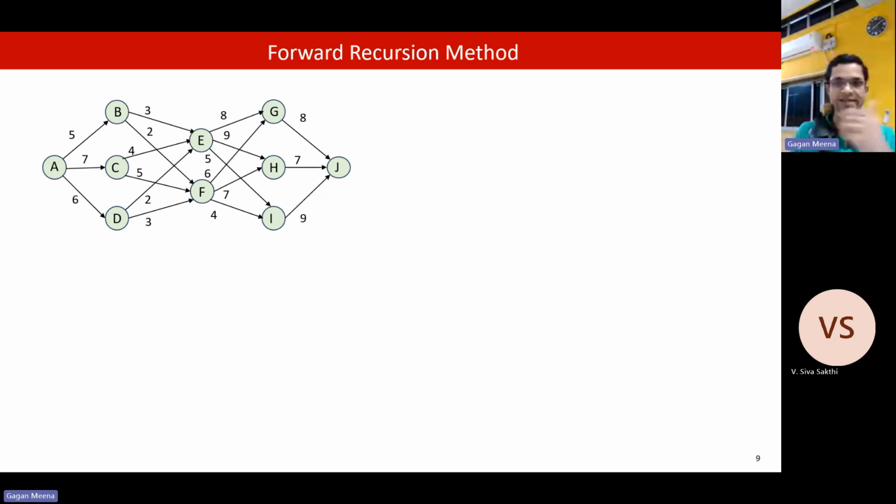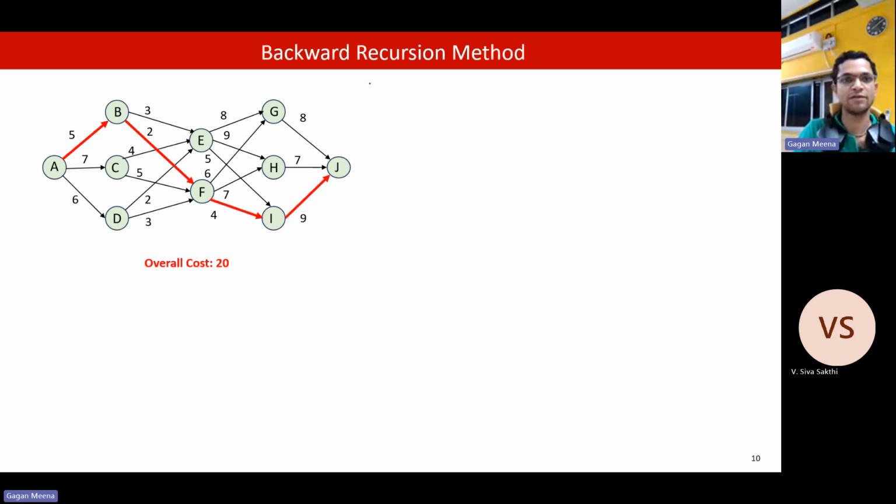Forward recursion takes a little more time, so I will solve it using the backward recursion first. I will quickly just write it here, otherwise because time is up. In backward, what are we doing?